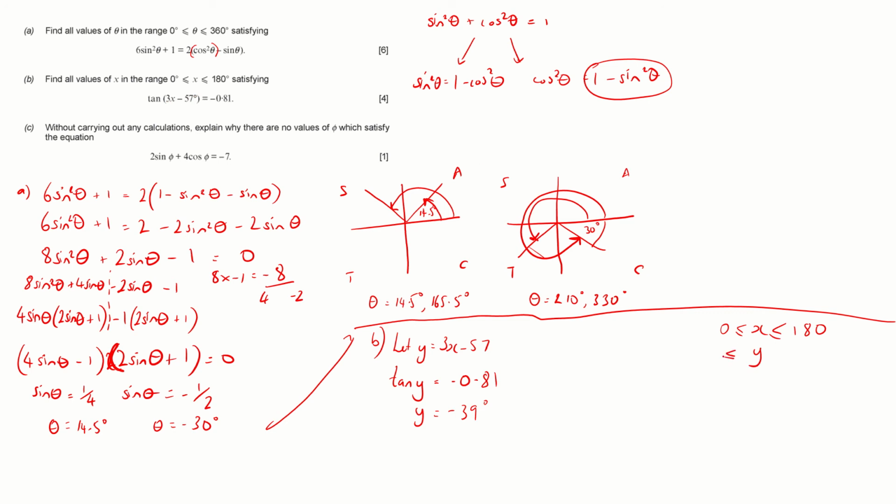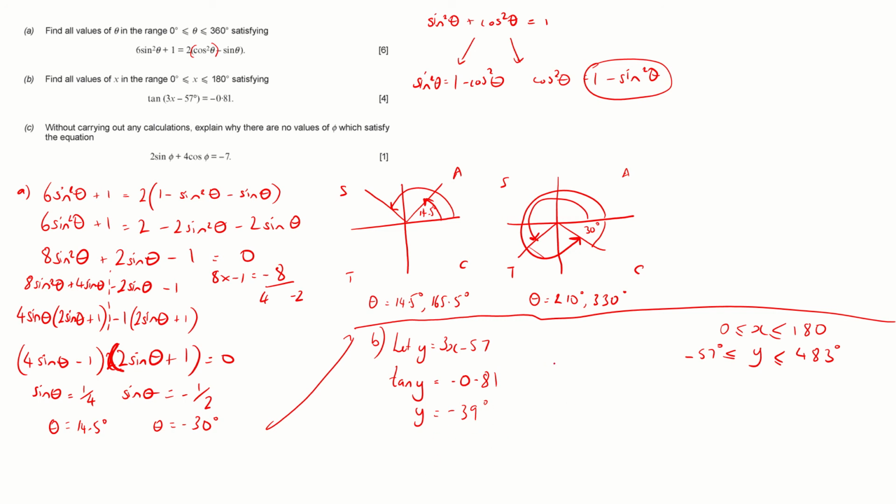If I times 0 by 3 and take away 57, it's just minus 57. If I have 180 and I times that by 3 and then take away 57, it's 483 degrees. So that is the range that I need to consider for this minus 39 degrees.